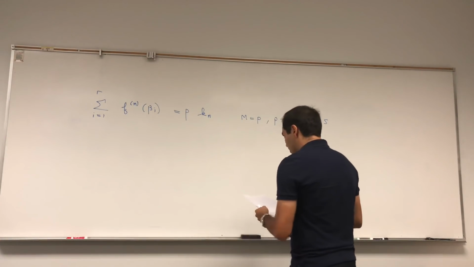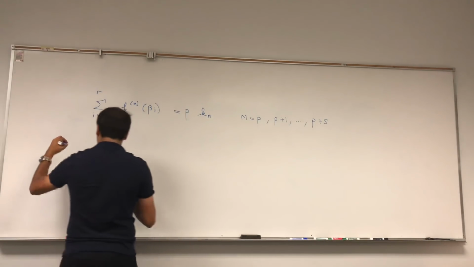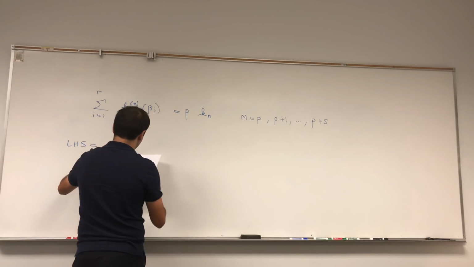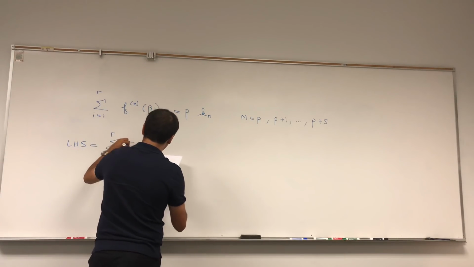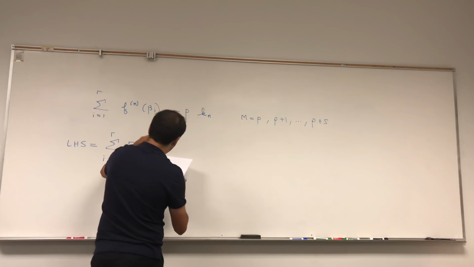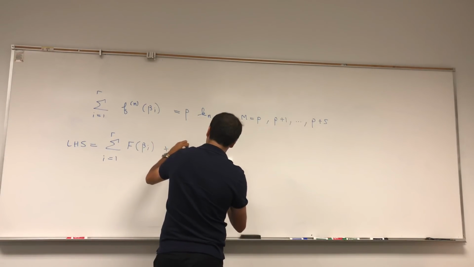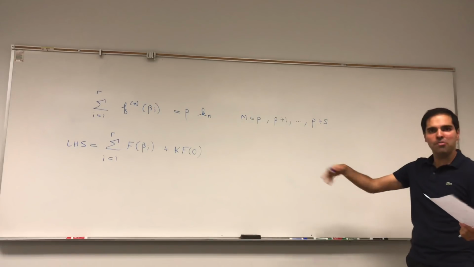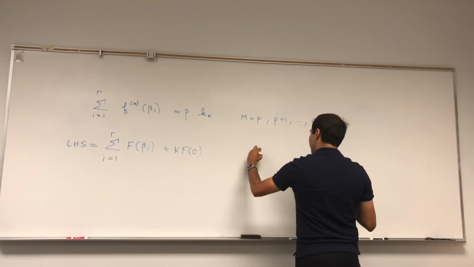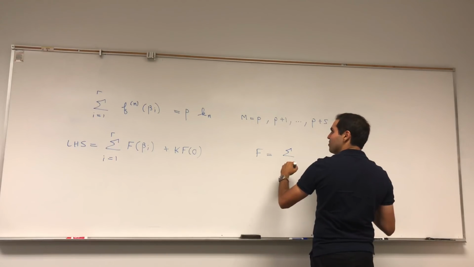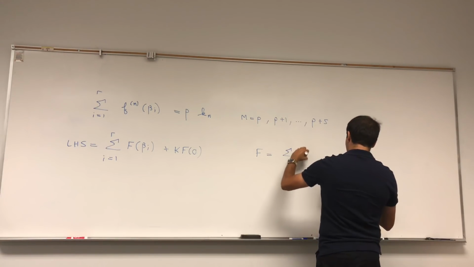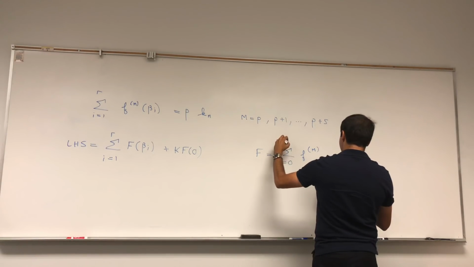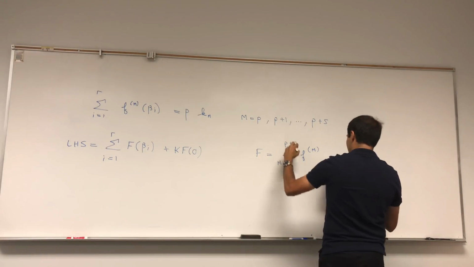And then, in particular, I think I'm going to skip that calculation, but the left-hand side, that's the sum from i from 1 to r of capital F of beta i plus k f of 0. Okay. And remember, capital F is just the sum of the derivatives. So capital F is just the sum of f m, this sum m from 0 to, I guess, r plus p plus s.